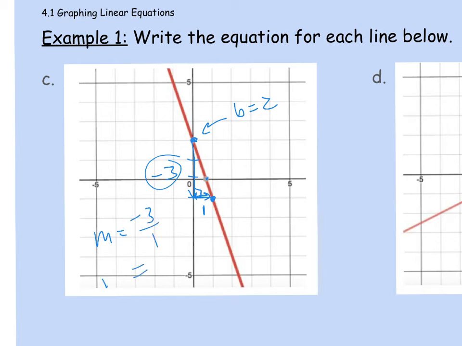Well, you can just say -3 then. So y equals mx plus b, if it's in that form, well, y equals my slope, which is -3, x. The x isn't my slope, it's just your slope is always in front of x. So -3x plus 2.